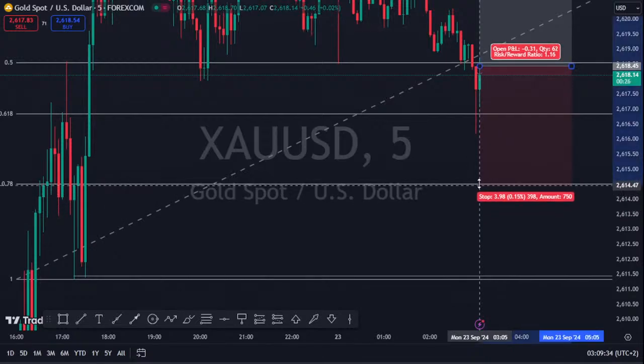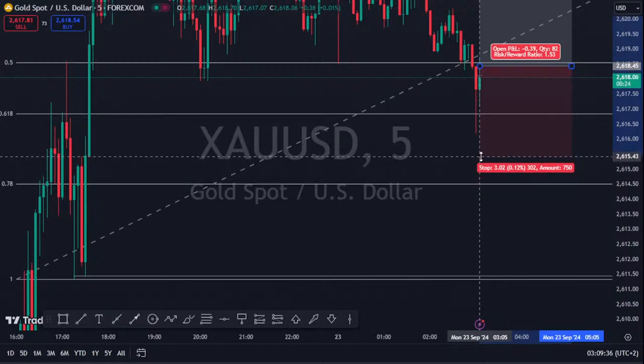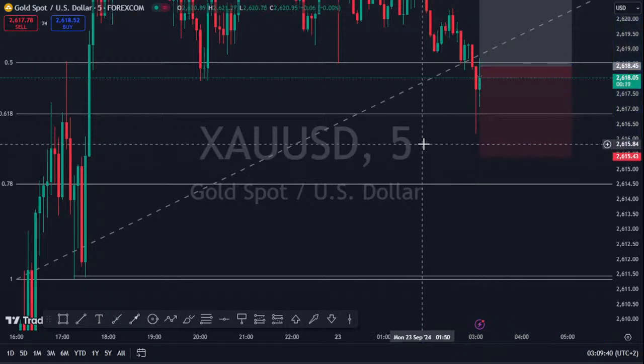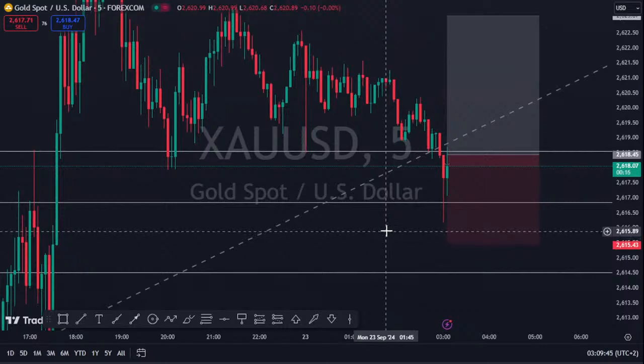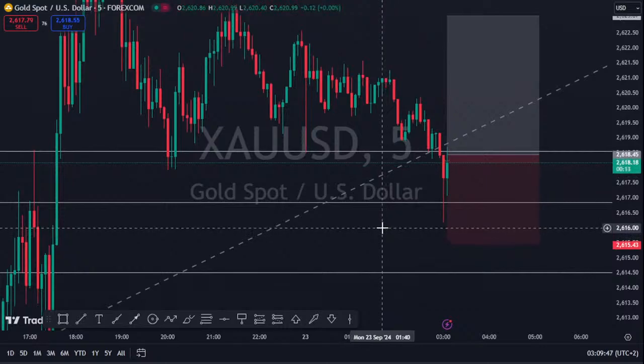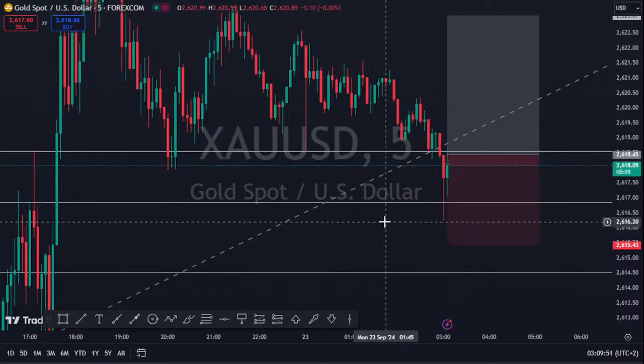Yes, that's a lot. We need at least about 300 points, which would be somewhere around here. Let's see what happens in the next 14 minutes. If in the next 14 minutes price does what I think it might, good; if it doesn't, then we remove this.